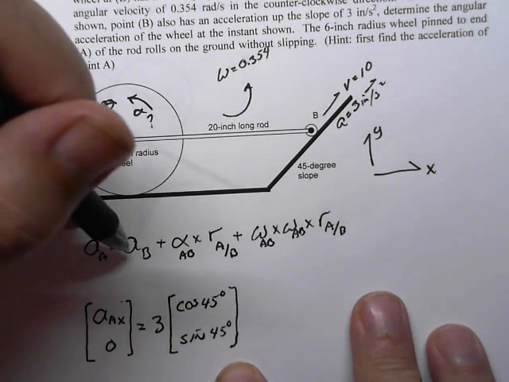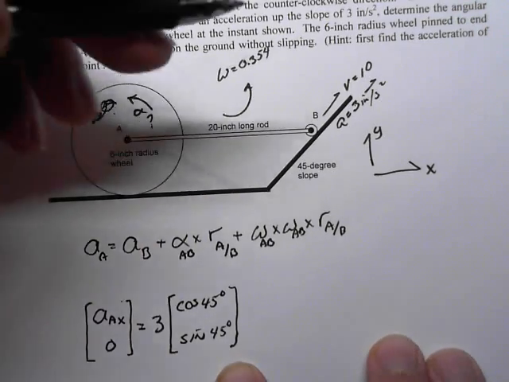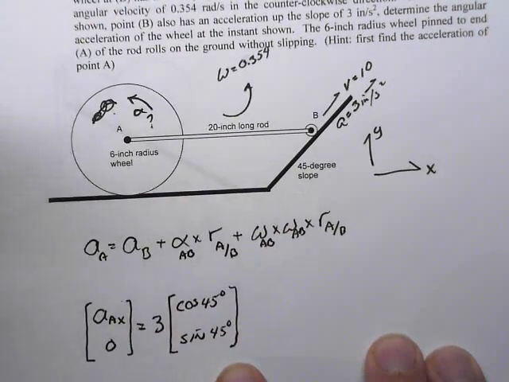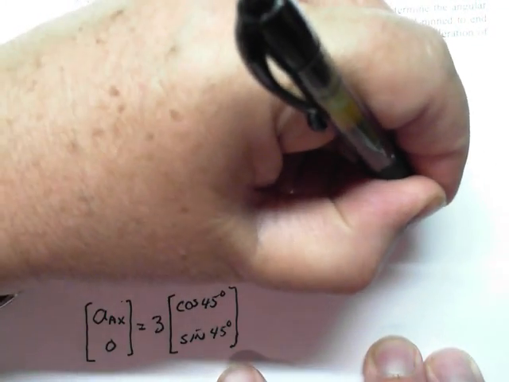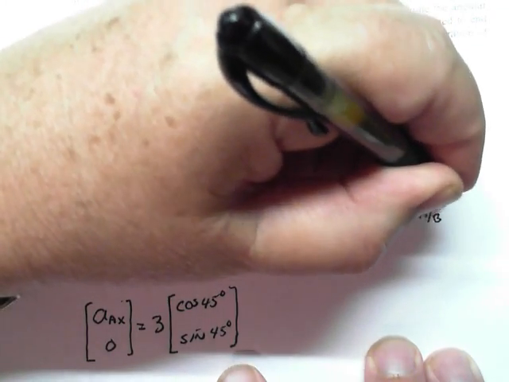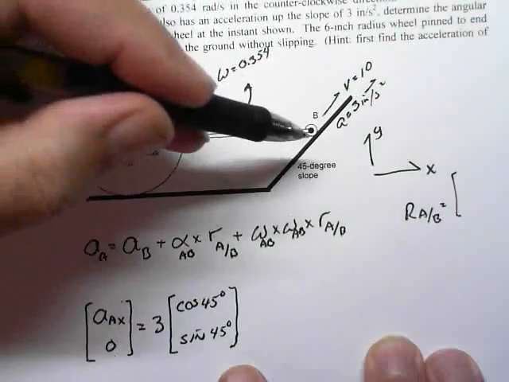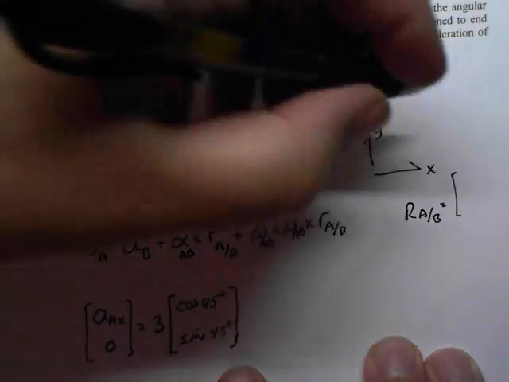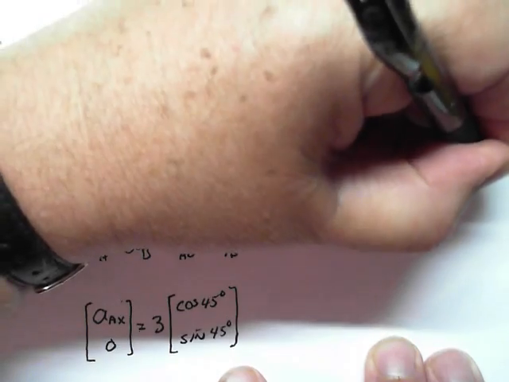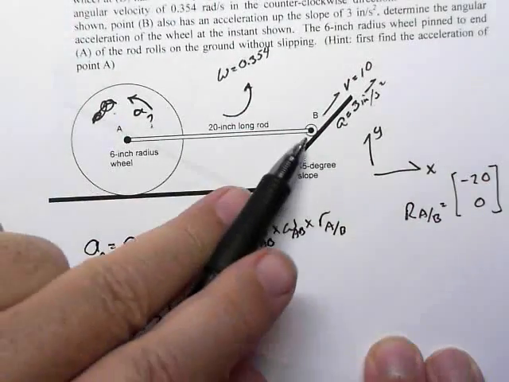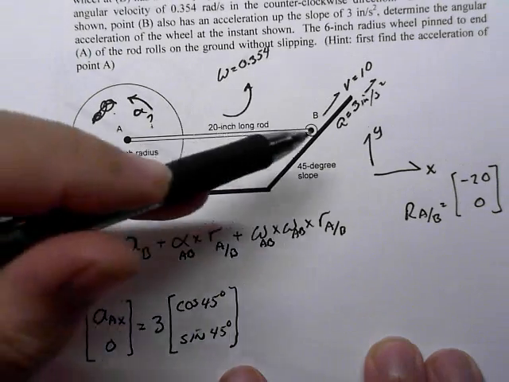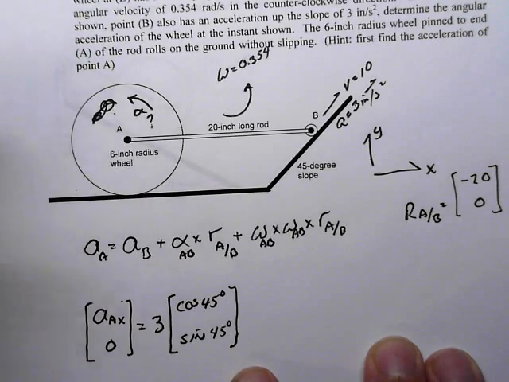That would be the acceleration of point B, totally known. And let's just make note over here that R of A with respect to B is going to be a minus 20 and a 0 at this instant. So to go from B toward A, we'll travel 20 backwards in the x direction.